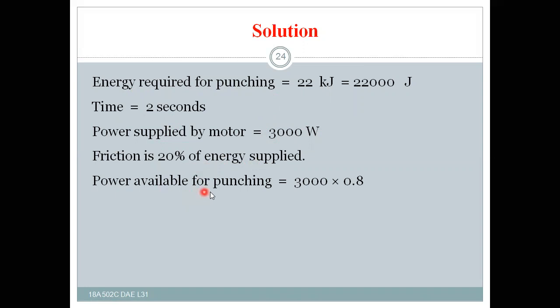So the power available for punching operation will be: 20% loss is there, so 3000 into 0.8, that means 80% only we are using. The remaining is friction loss. That's why the power available is 2400 joules per second.